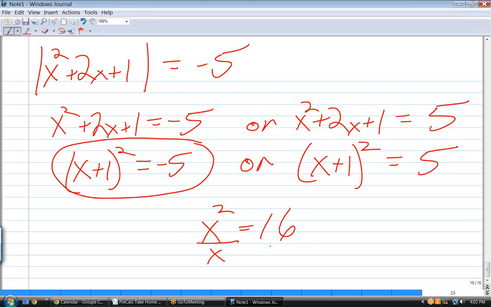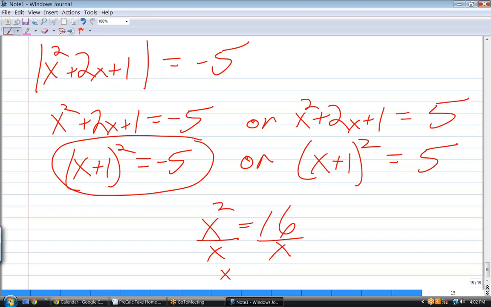If I were to do that, then I would have x equals 16 over x. That's not solving for x. When they say solve for x, you want nothing but x on the left side and nothing but numbers on the right. So that's the problem with that method.